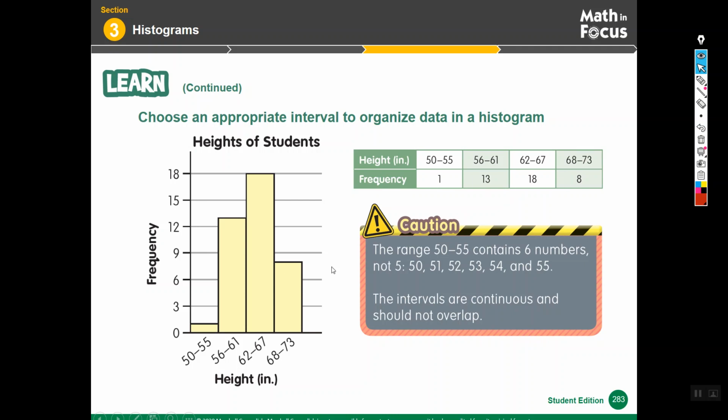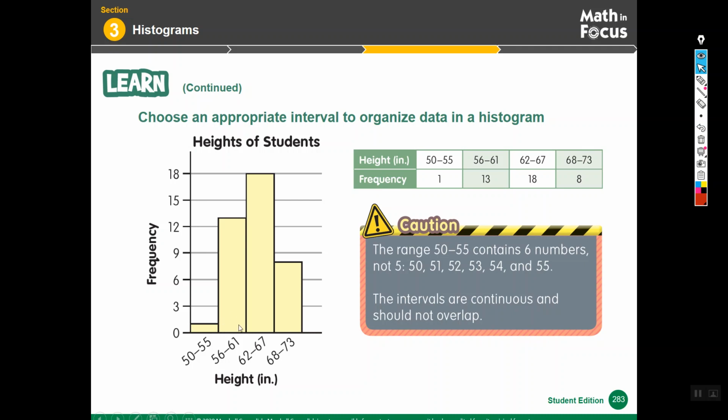Okay, so the range of 50 to 55 contains 6 numbers: 50, 51, 52, 53. We don't know what those numbers are in that range. There could be several, like here, well, here there was 1.